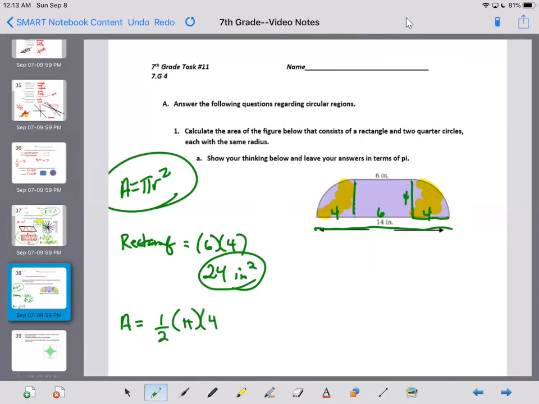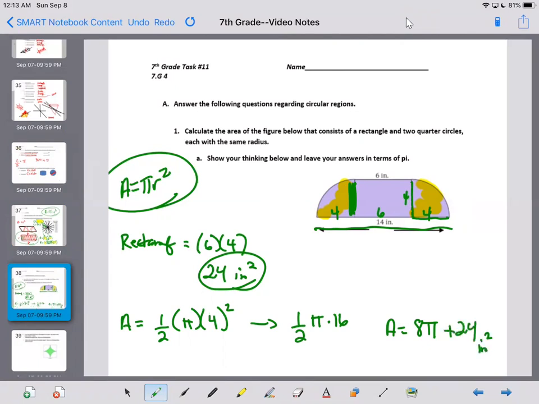Well, we know the radius is 4, because that's what we found. So let's simplify this equation. Let's do our exponents first. 4 squared is 16. So we're going to have 1/2 times pi times 16, and then half of 16 would give us 8 pi as the area of the 2 quarter circles, plus 24, and all of this is going to be in square inches.